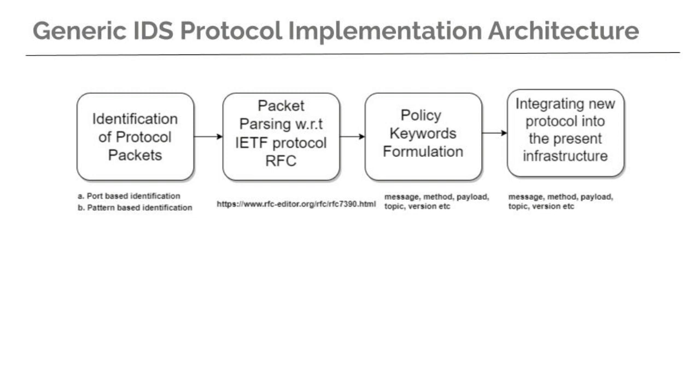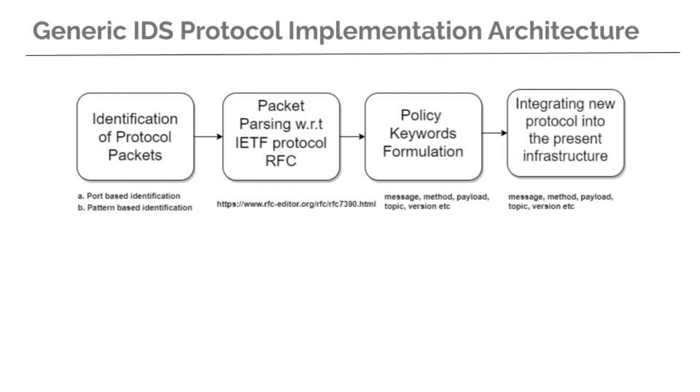We divided our protocol implementation approach into four steps. In the first step, we identify whether the packets are CoAP or not. In the second step, based on the RFC of CoAP, we fill the parts of the packet and data. In the third step, we identify the keywords that are relevant to the information in the packet and that can be used in the rules.